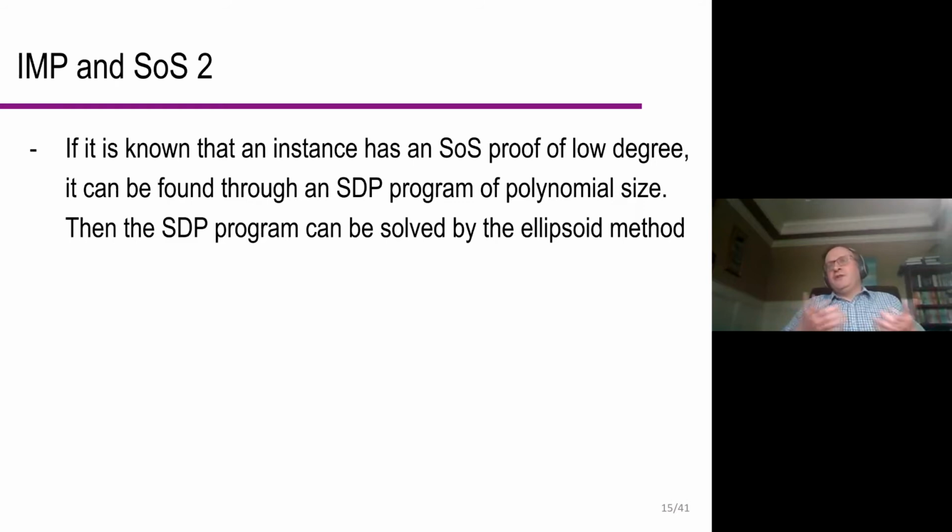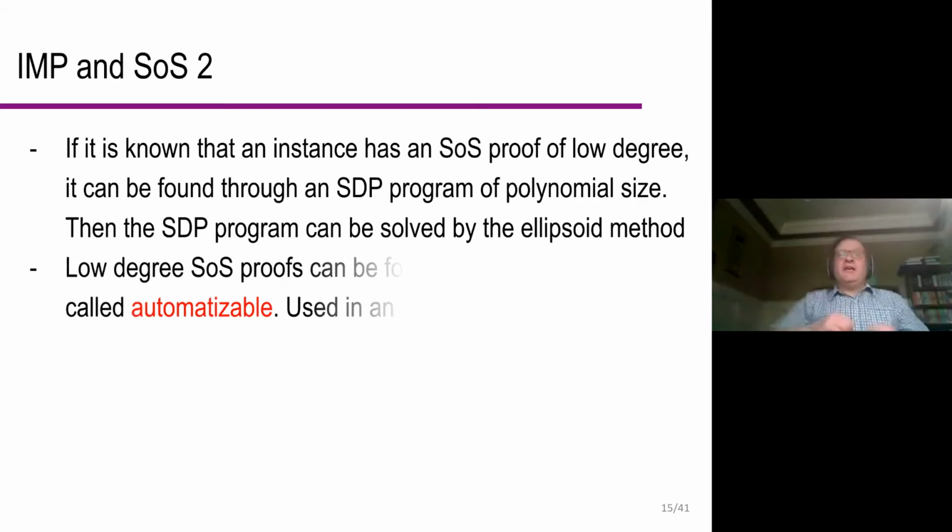If you think about it a little bit, this simply means that those polynomials have to form a positive semi-definite matrix. So the actual problem I'm going to solve here is to solve a system of linear equations that satisfies this positive semi-definite condition. And this can be done in polynomial time using, for instance, the ellipsoid method or whatever.